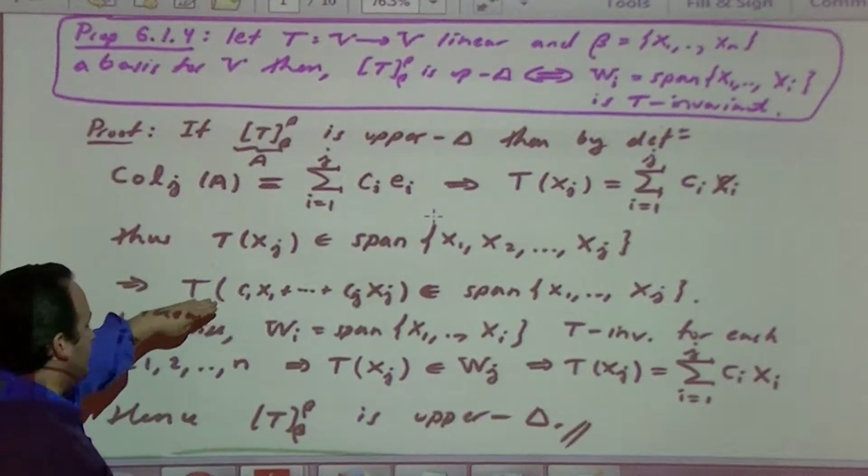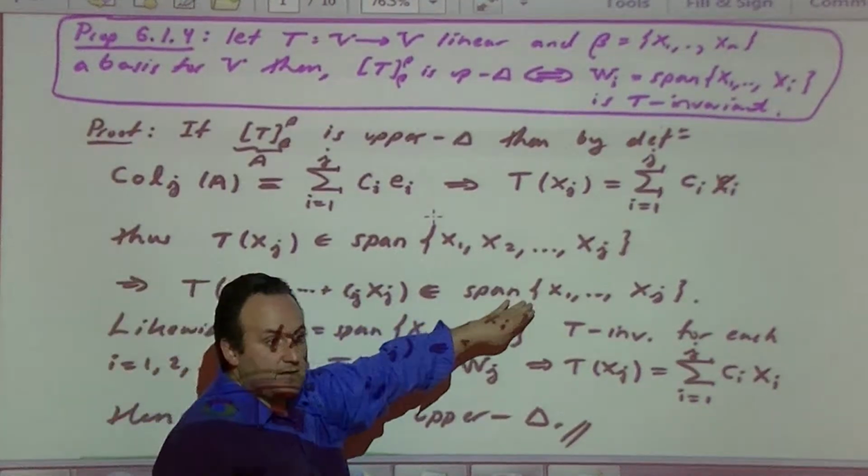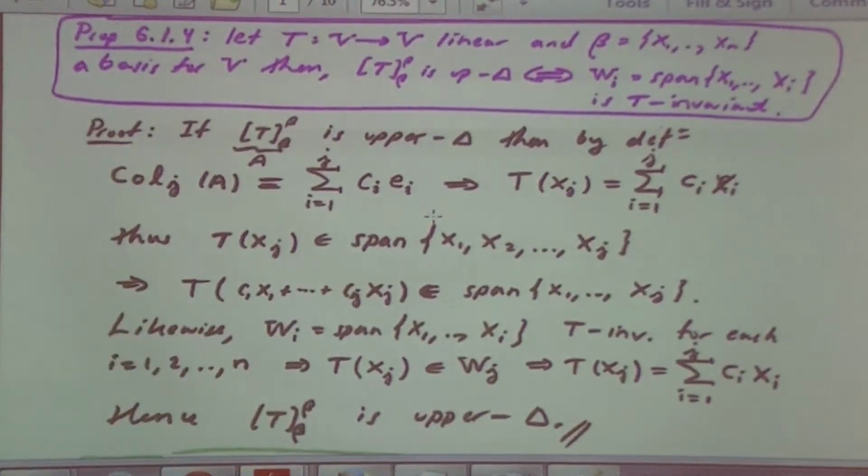That shows an arbitrary thing in W sub j is mapped again into W sub j, which shows that W sub j is a T-invariant subspace. So upper triangularizability of the matrix for T implies the invariance of these W1, W2, through Wn subspaces. We can trade triangularizability of the matrix for the invariance of these particular subspaces.